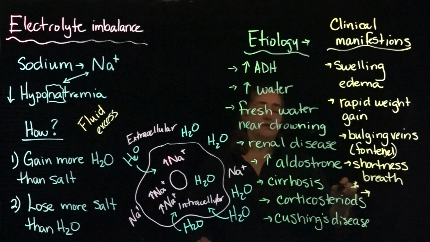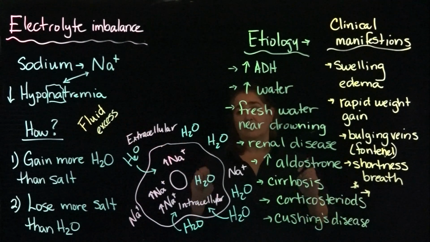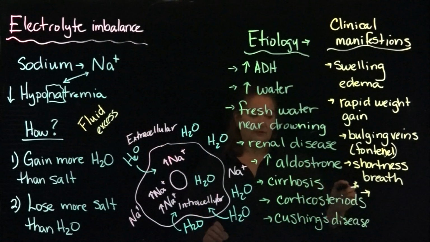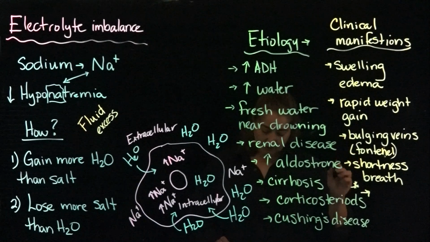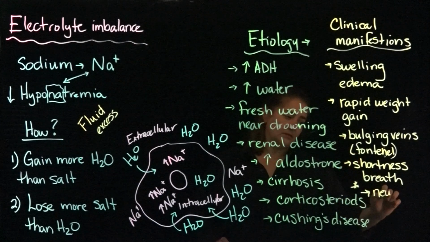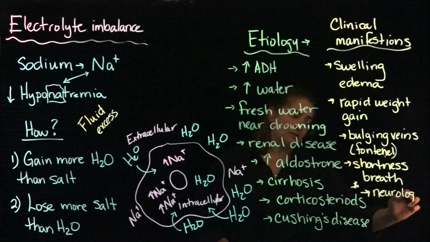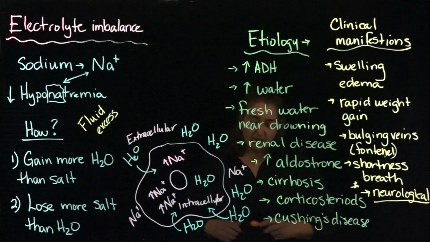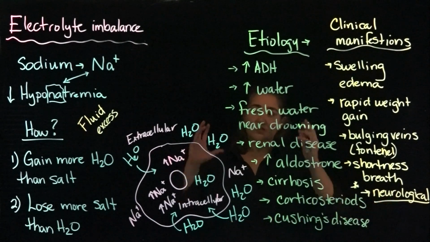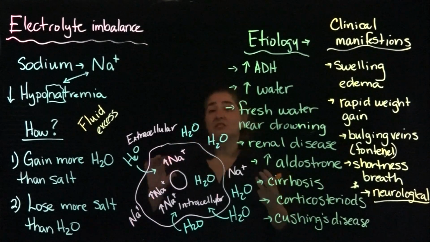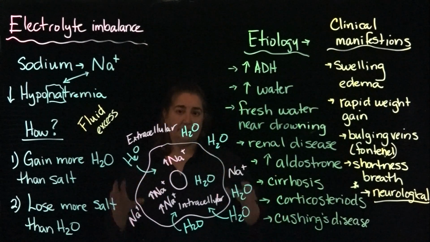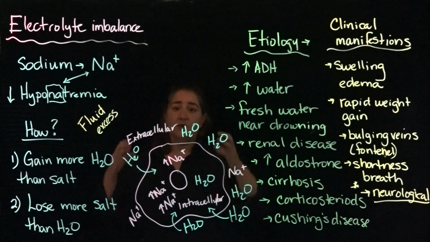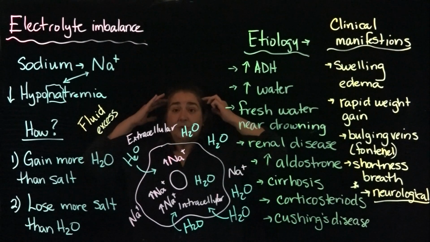Now with hyponatremia, the other clinical manifestations are going to be based on neurological changes, so changes associated with the brain. When the brain swells, this creates a particularly critical situation because your brain is encased within bone.